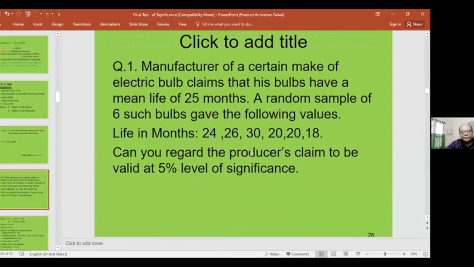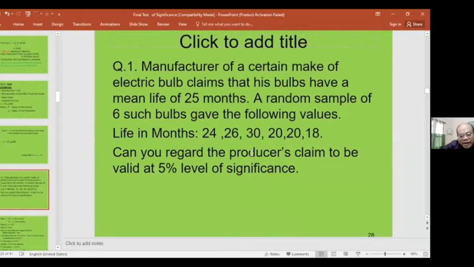Look at this definition. A manufacturer of a certain make of electric bulb claimed that his bulbs have a mean life of 25 months. A random sample of 6 such bulbs gave the following values. Can you regard the producer's claim to be valid at 5% level?